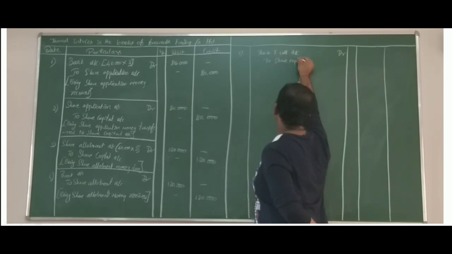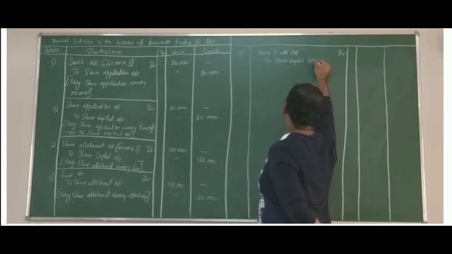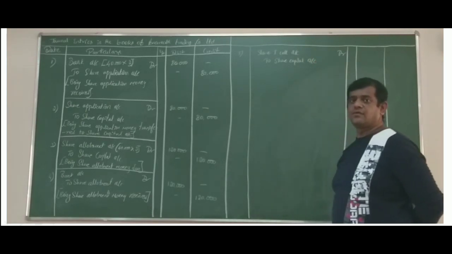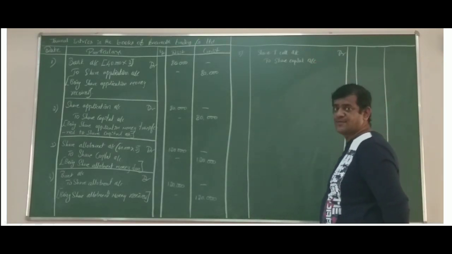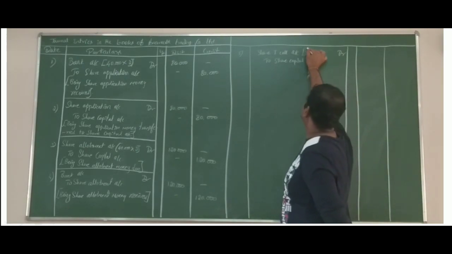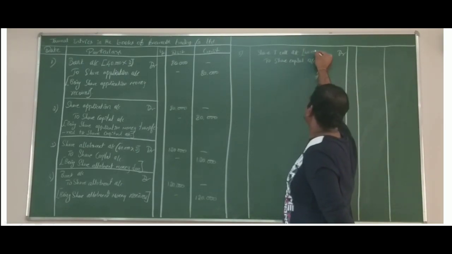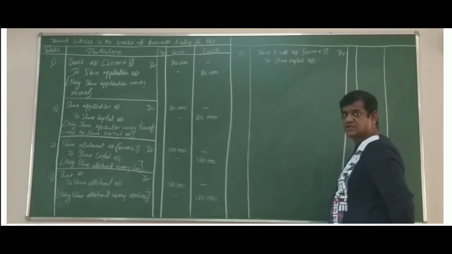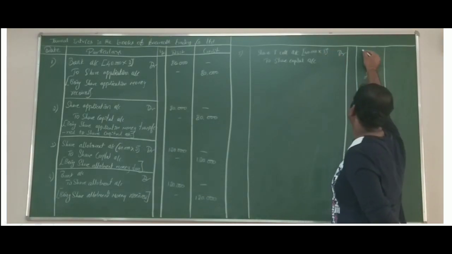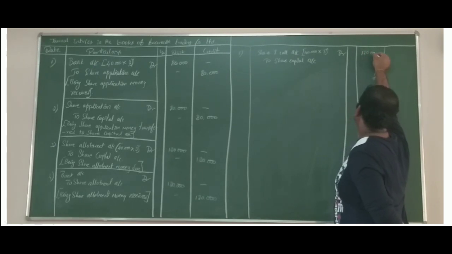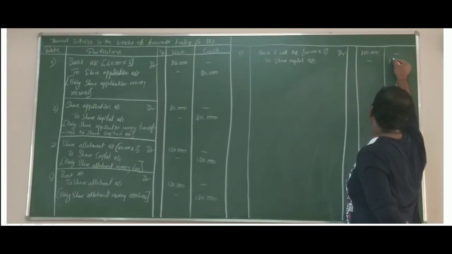Now, how many shares were issued by the company? 40,000 shares at rupees 3 each. So 40,000 into 3, amount comes to 1,20,000.